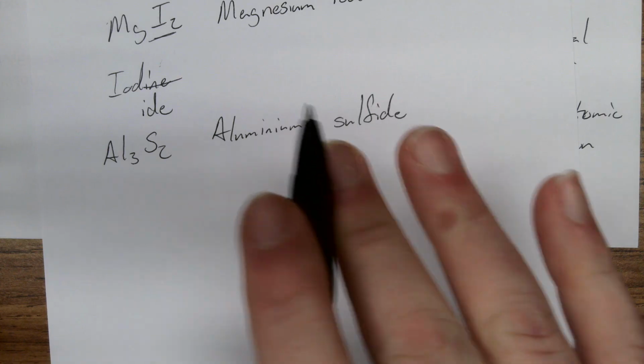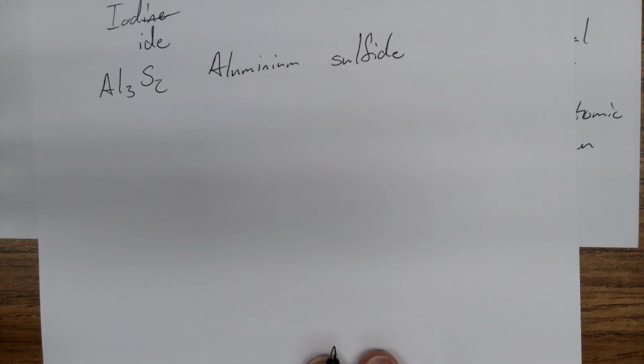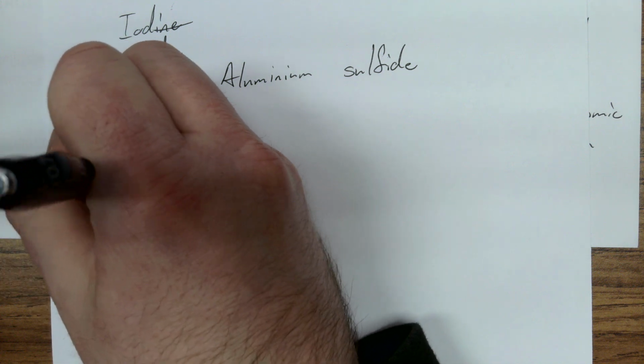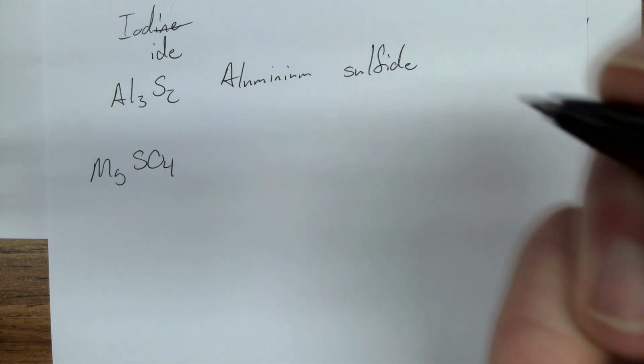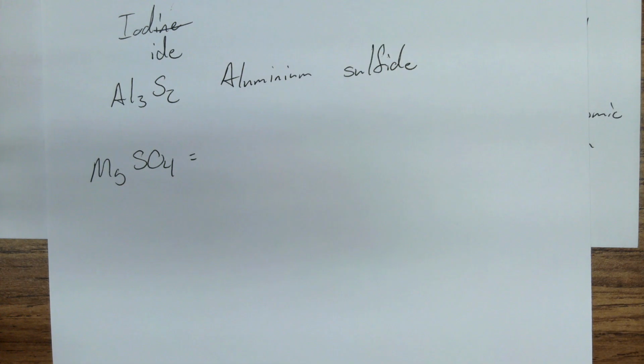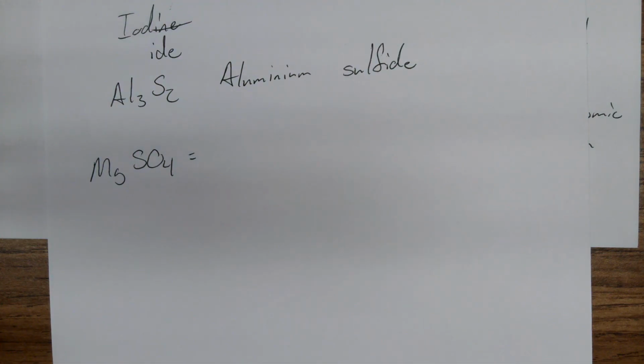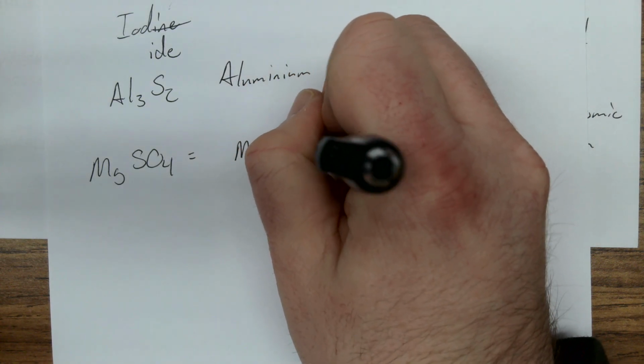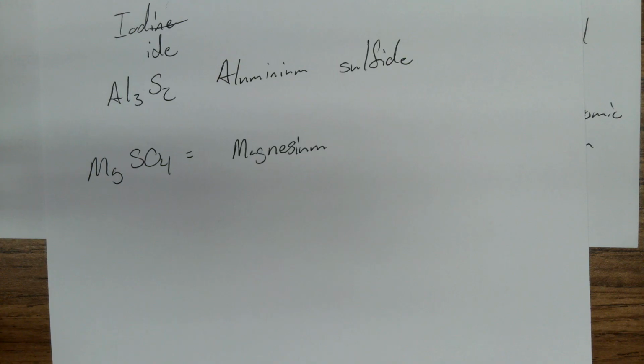It's always metal, non-metal. But if I choose something like MgSO4, what's that name going to be? What's the metal here? Magnesium. What's the polyatomic ion?